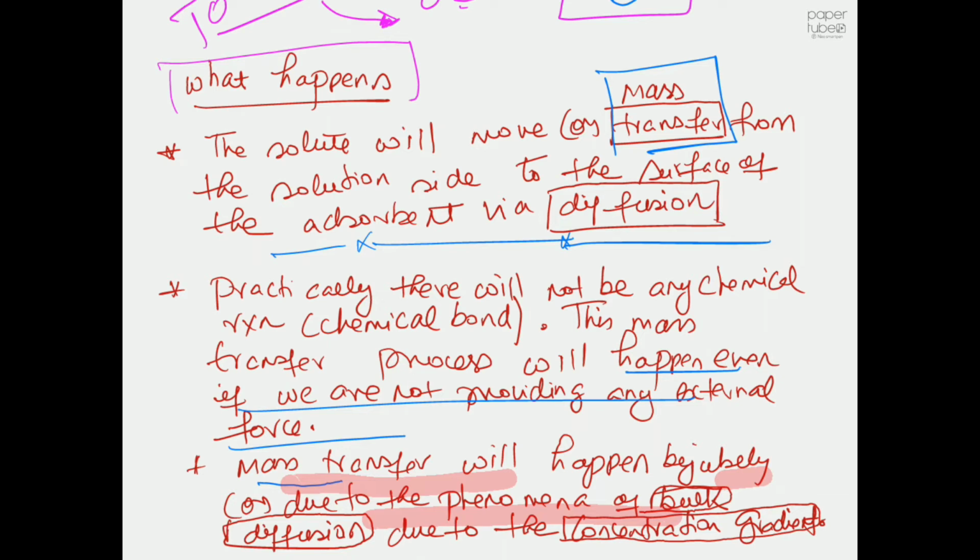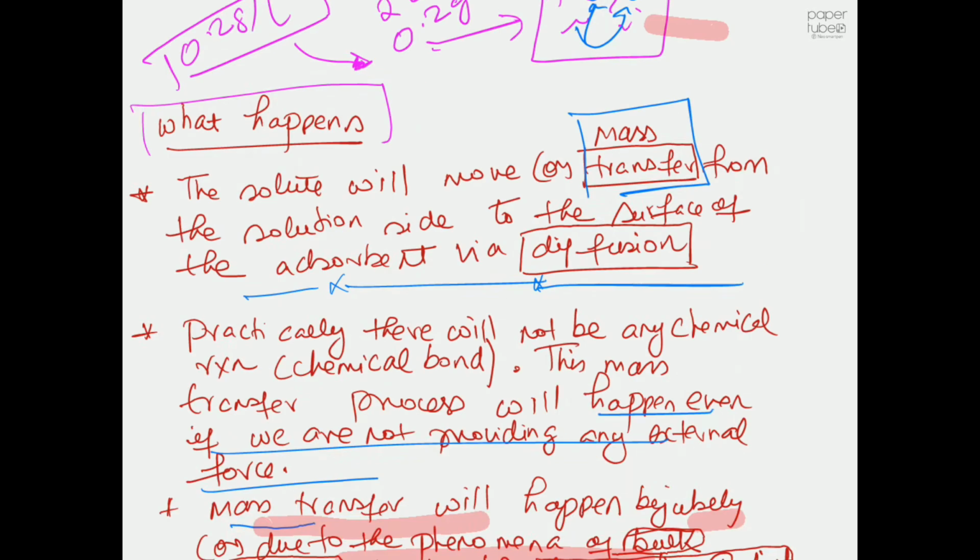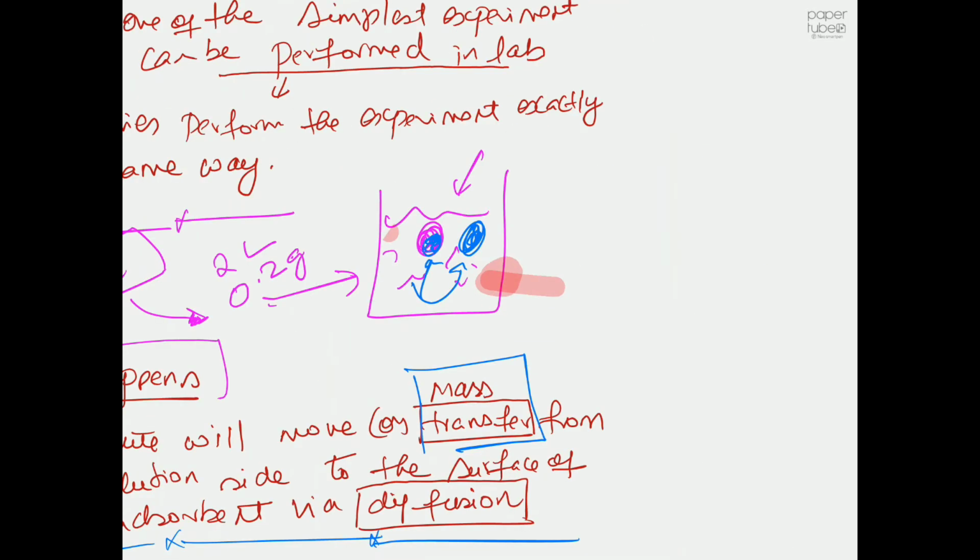Bulk diffusion refers to solute particles moving from the bulk of your solution. In this reactor, whatever solution we have, we call it the bulk solution. So solute molecules move from the bulk of your solution to the surface of your solid adsorbent. If I ask in objective type questions what bulk diffusion is, you should know how to deal with that.